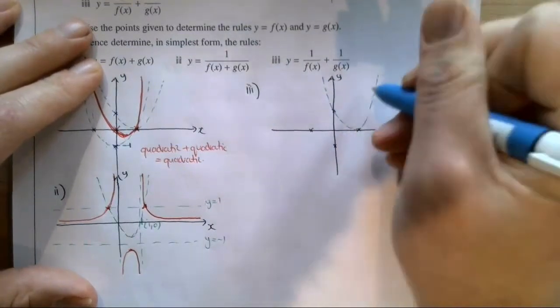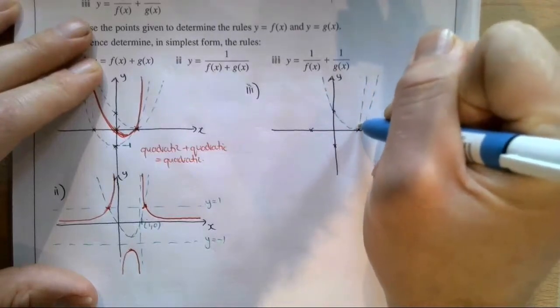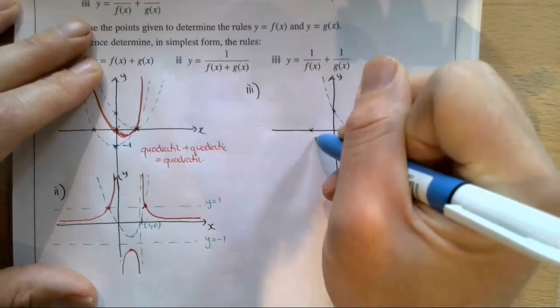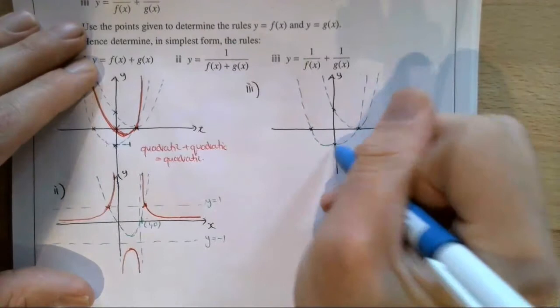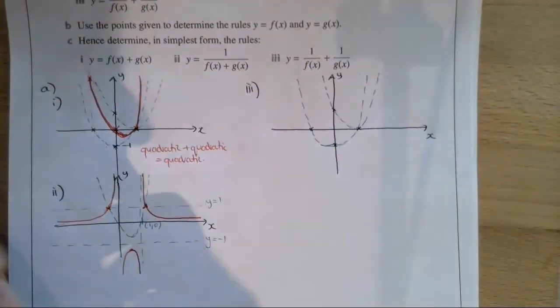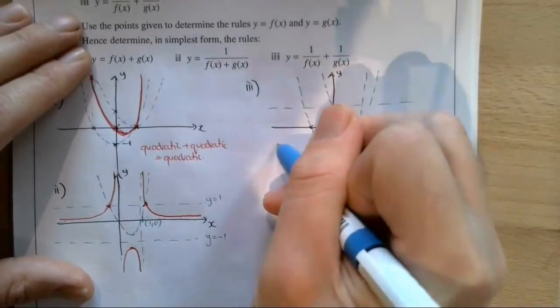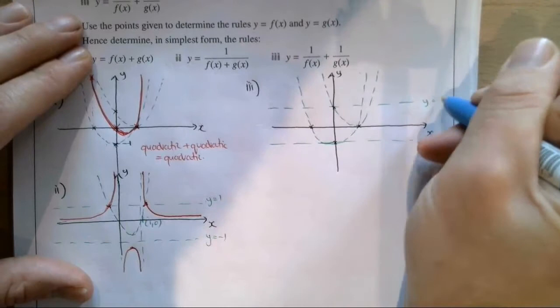So here's my first quadratic, and then my second one also comes through this point, but then through here, and then up like this. And then my lines for y equals 1 and y equals -1 go through these fixed points.